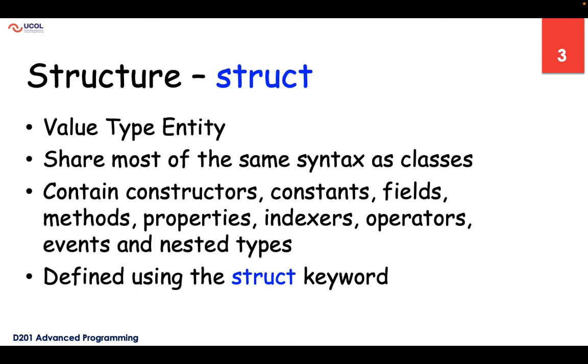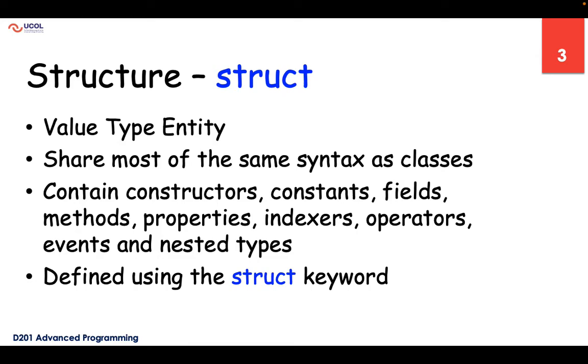When we look at the struct keyword, when we are defining it, it can have properties, constructors, fields, and methods. So it seems to us that it is more like a class, but actually it is not. A class is a reference type entity.